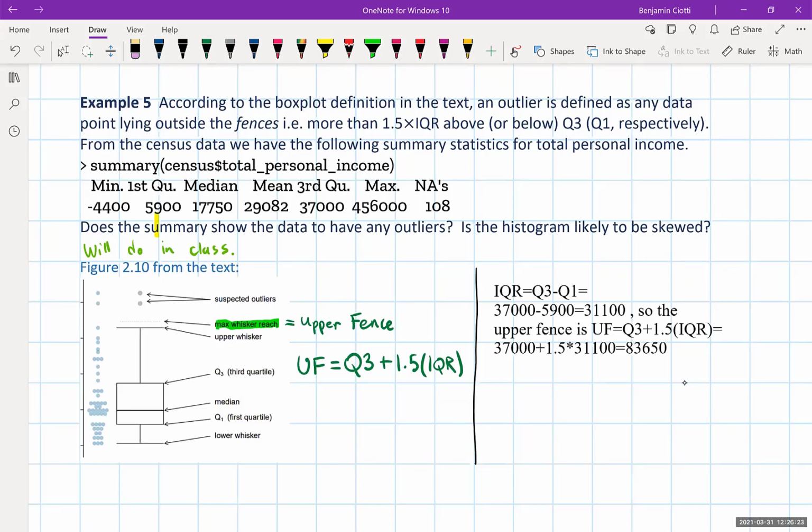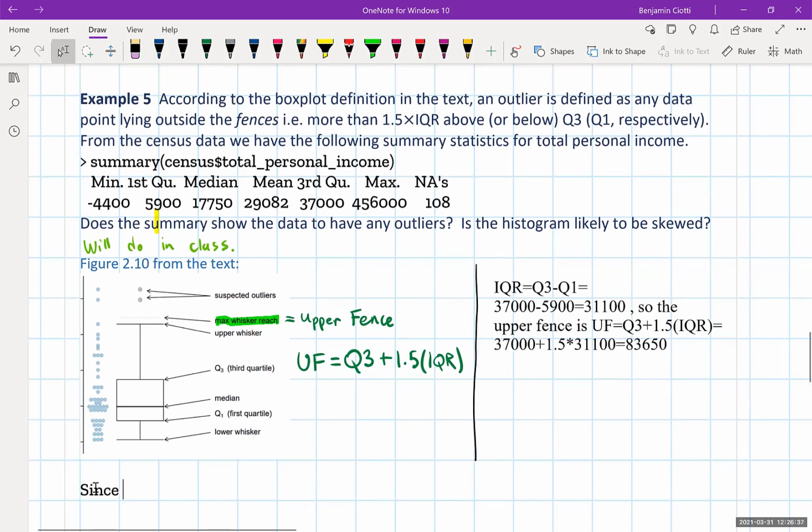Indeed, we do. The maximum of the total personal income, which was 456,000, since 456,000, which was the maximum personal income, is greater than the upper fence, there's at least one outlier, right?